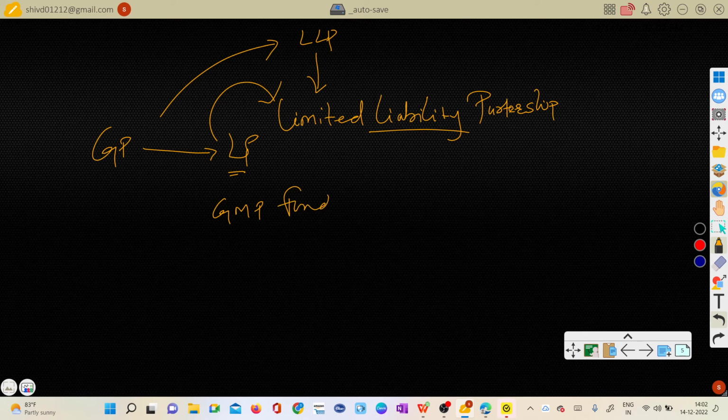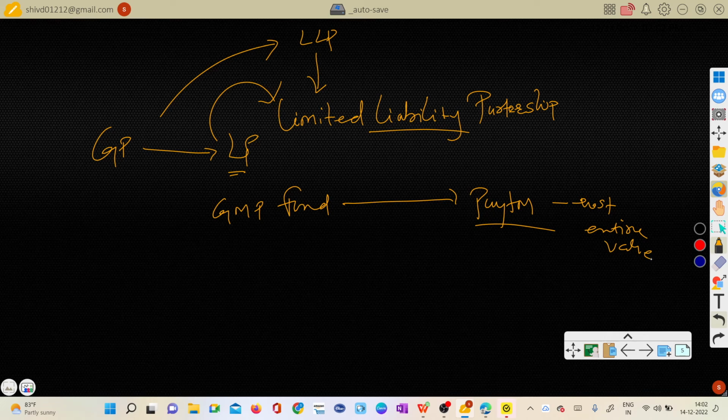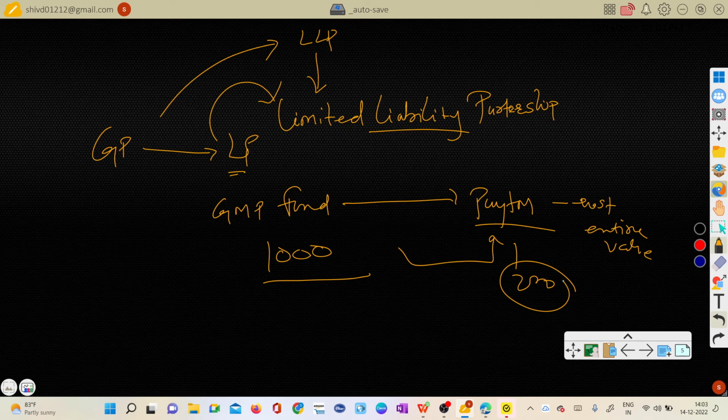Let's say GMT fund invested 1000 in PTM, and PTM lost its entire value, so that 1000 becomes zero now. So you have a limited liability with this capital only. Limited partners come with limited liability.